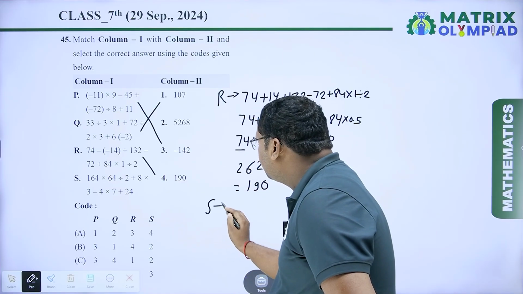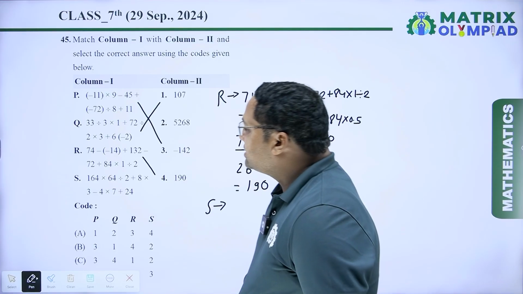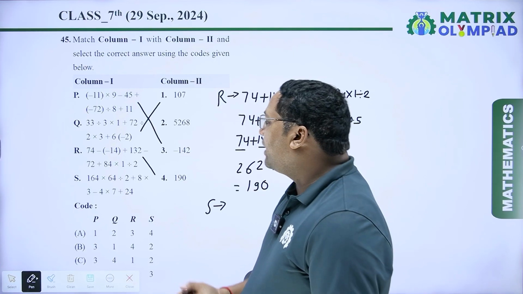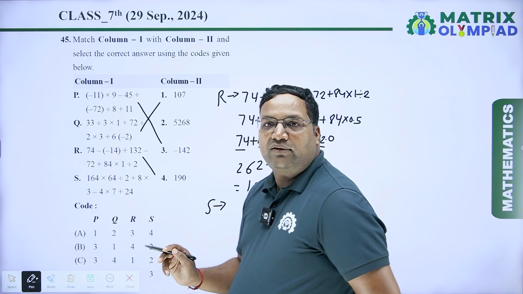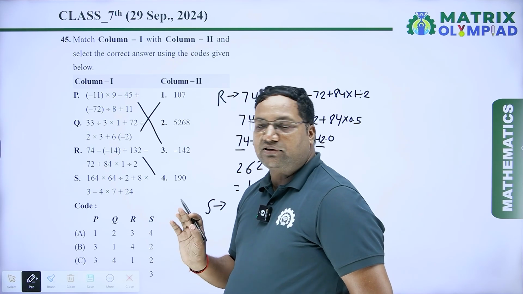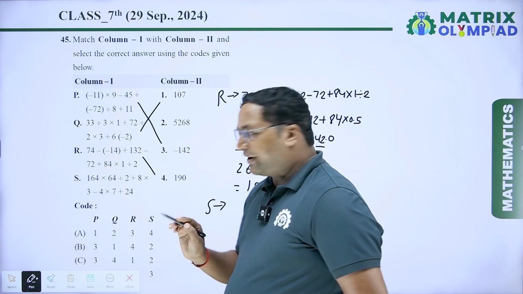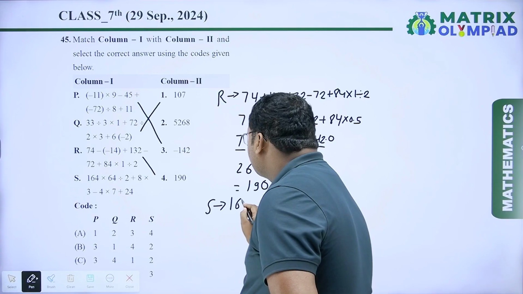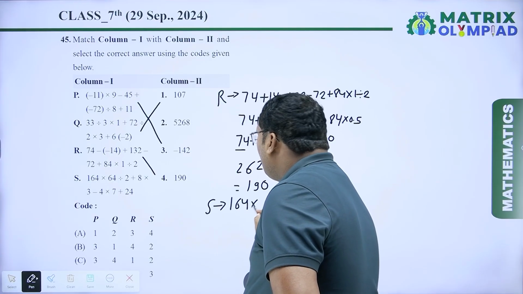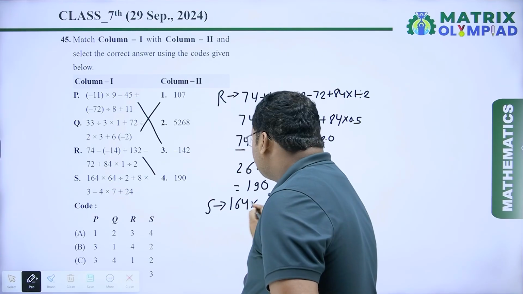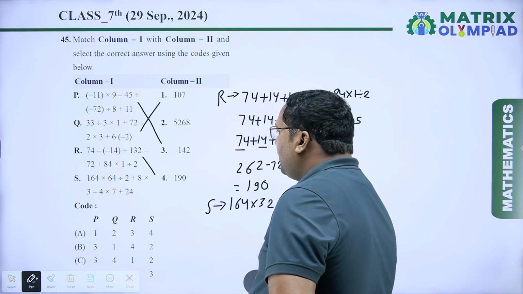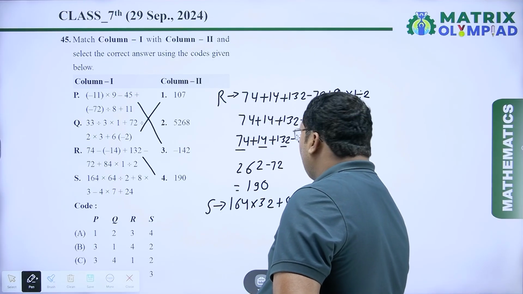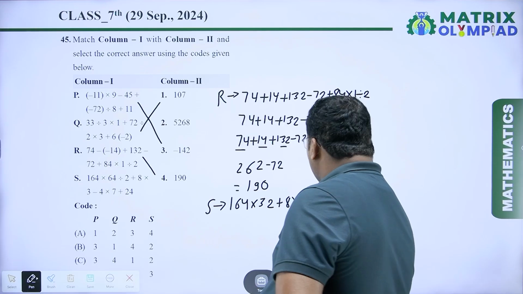For S, it is 164 into 64 divided by 2 plus 8 into 3 minus 4 into 7 plus 24. So here no bracket is given. So we have to solve first divide. So it is 164 into 64 divided by 2 is 32 plus 8 into 3 minus 4 into 7 plus 24.